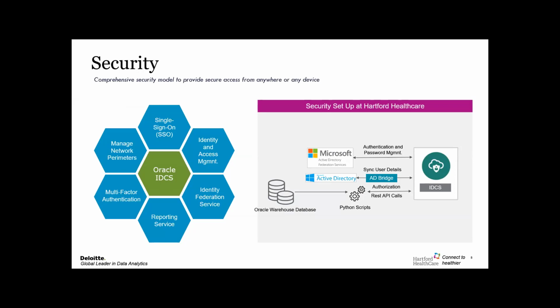IDCS is on cloud, and we have MSAD and there is an AD Bridge configured. You can configure AD Bridge pretty easily. There is a link published by Oracle, and the steps are pretty much straightforward, and we followed the steps and configured the AD Bridge.